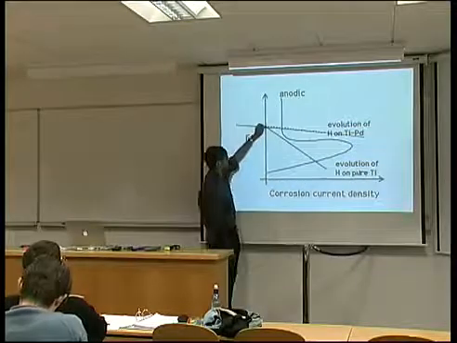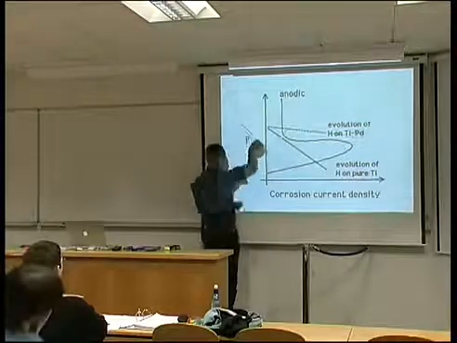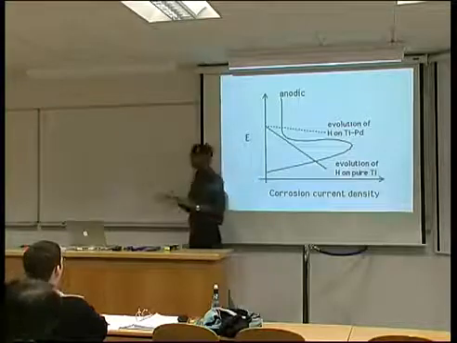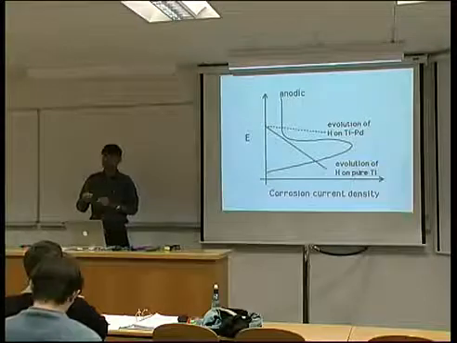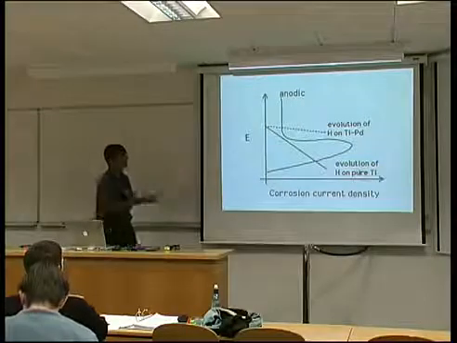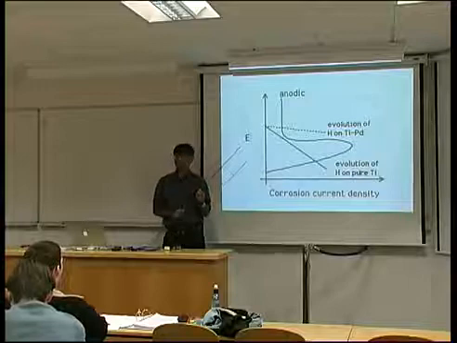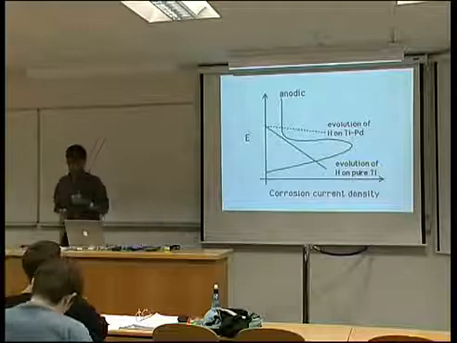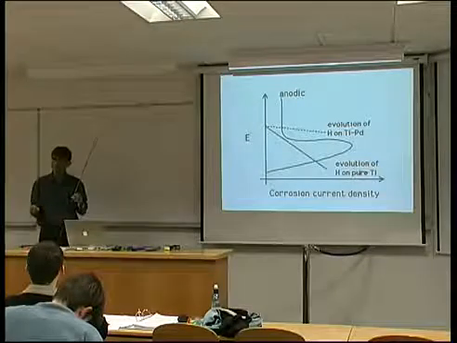Then this line suddenly becomes that slope, and the intersection happens in the passive region, and you've greatly reduced the corrosion current. So you add a few percent of palladium or platinum to the titanium that is used in chemical plant, and you take advantage of this passive film, greatly reducing the corrosion current. Of course it's expensive, but it doesn't matter, you can recycle the stuff.